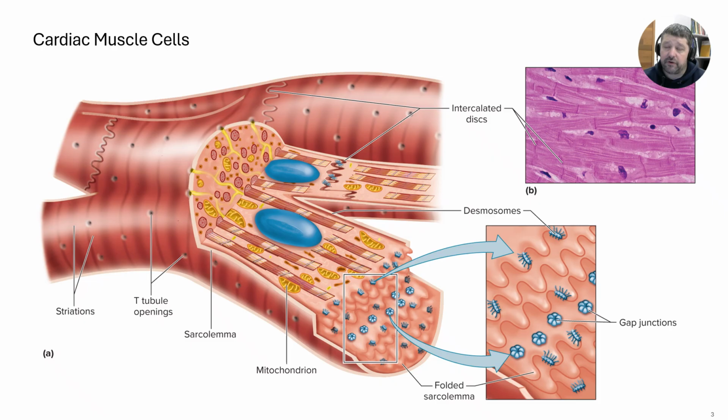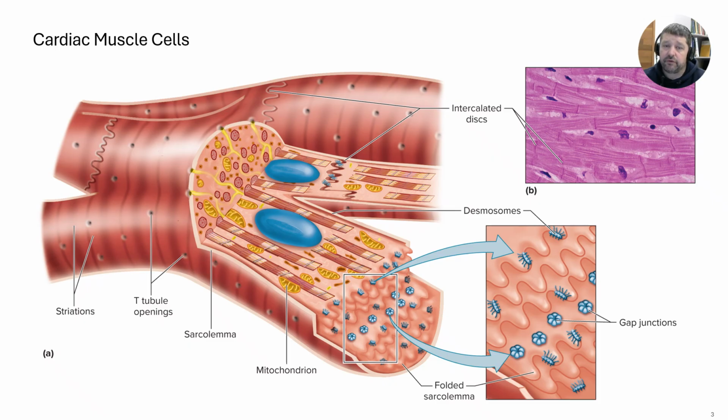Okay, and we talked about cardiac muscle lots of lectures ago, and kind of how it's different than skeletal muscle. Yes, it's elongated, but it has a single nucleus per cell, and it's not elongated to the degree that skeletal muscle is.